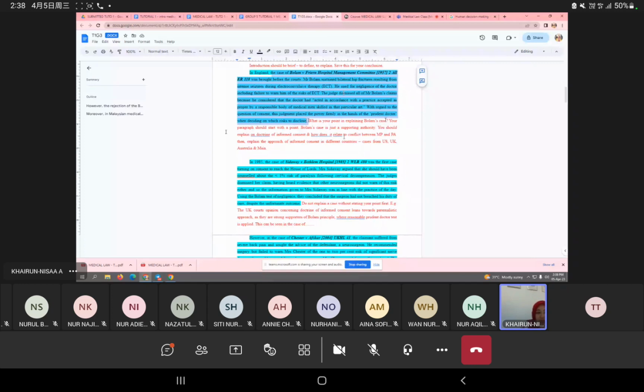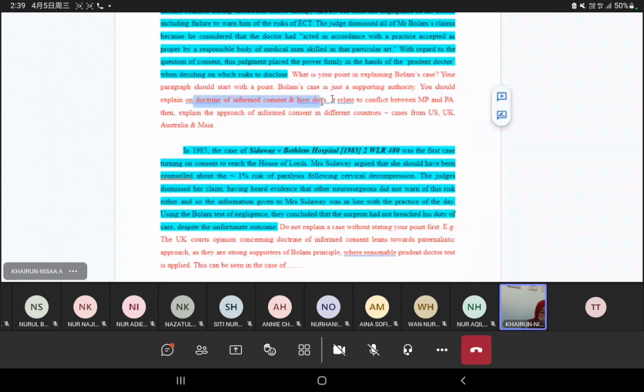What you should do in your answer is explain the doctrine of informed consent, because this doctrine originates from the conflict between medical paternalism and patient's autonomy. So this is supposed to be your content. Is it clear, guys? When more and more support is given towards patient's autonomy instead of medical paternalism, there exists the doctrine of informed consent.